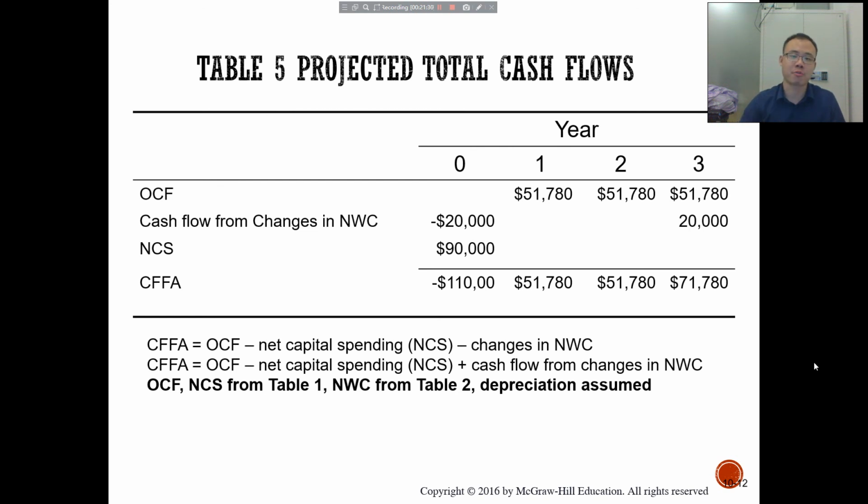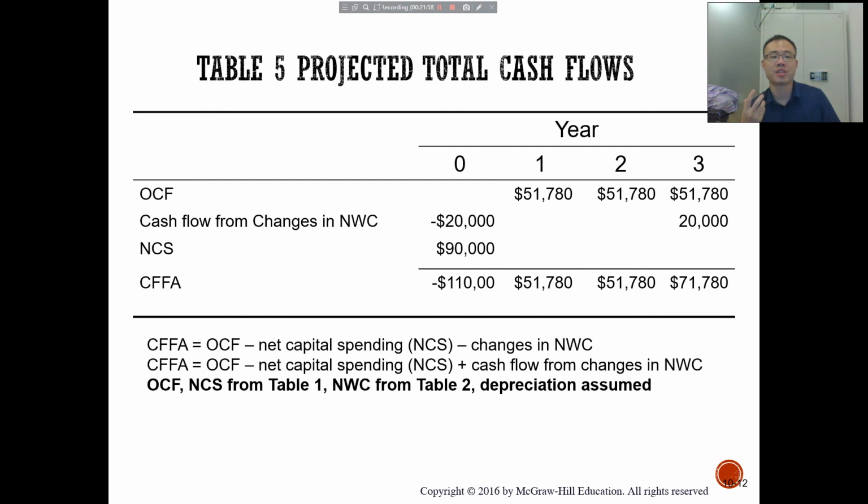And table 5, projected total cash flows, CFFA. The OCF is calculated from table 1. In table 1, the pro forma income statement, we had the net income, we have depreciation, so we can calculate the operating cash flow.